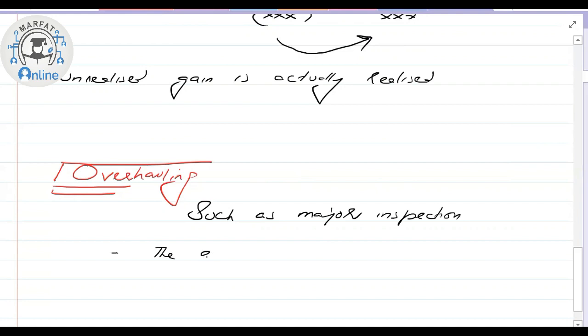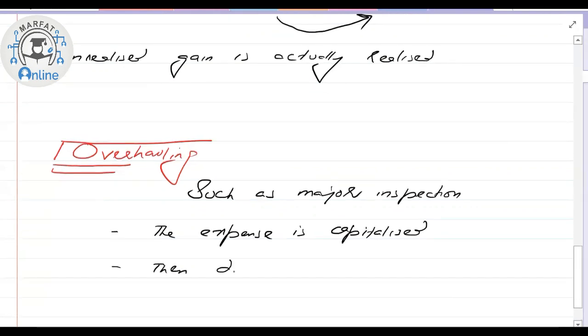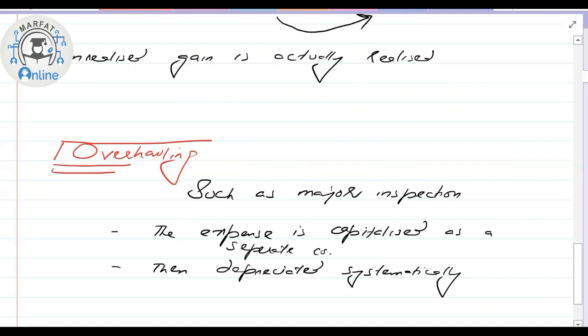The expense is capitalized and then depreciated systematically. The expense is capitalized as a separate component.